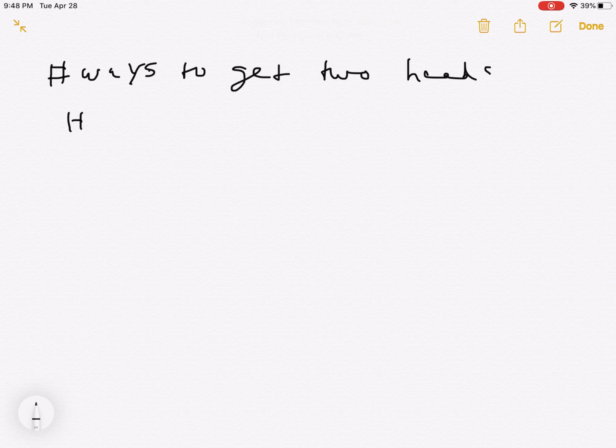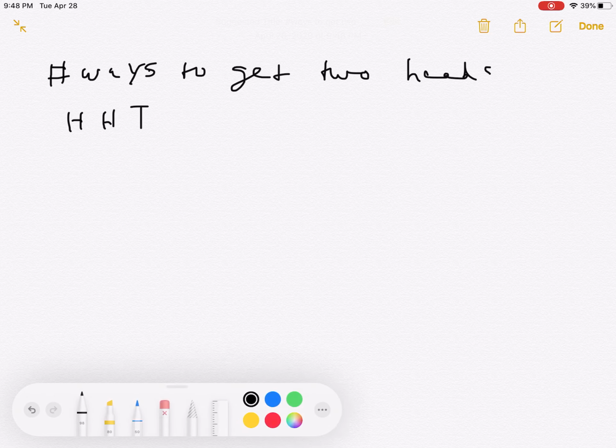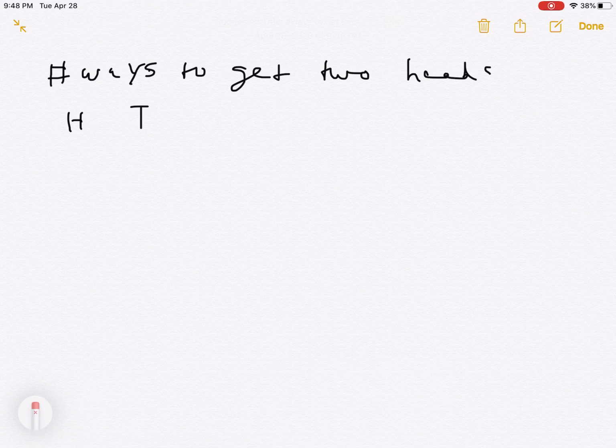I could get a head and then a second head, and I want exactly 2 heads, so the last one has to be tails. You might be thinking, oh, that's first, second, third. However, if I was to do first, second, third, let me erase that and put in a color of blue.